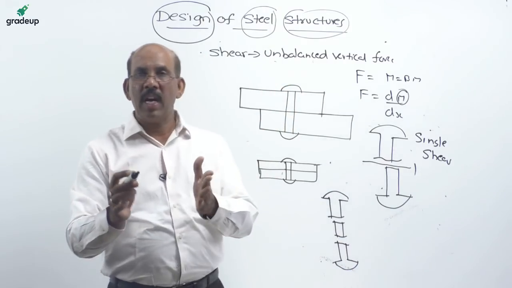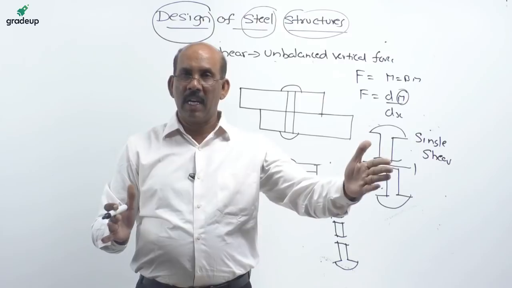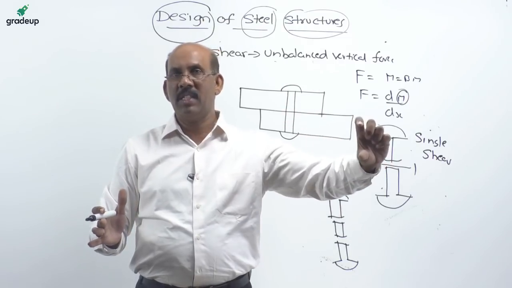Whenever we have double riveted double cover, the rivets are in double shear.